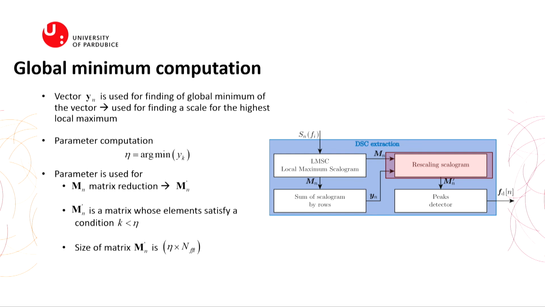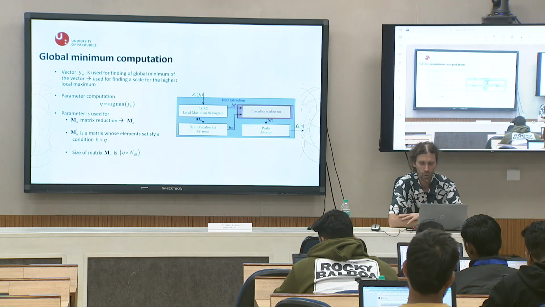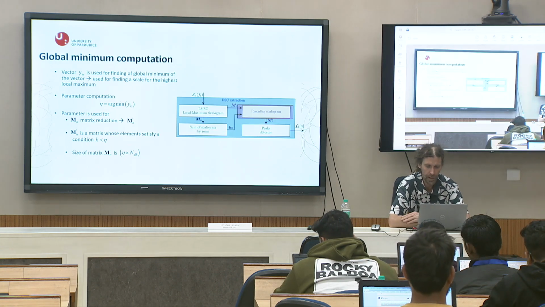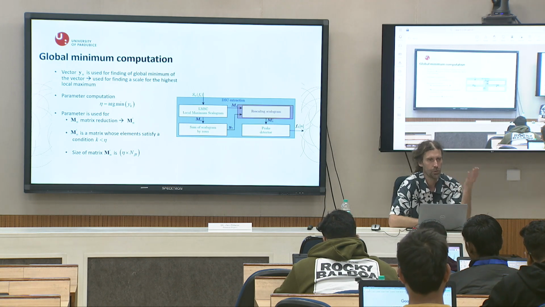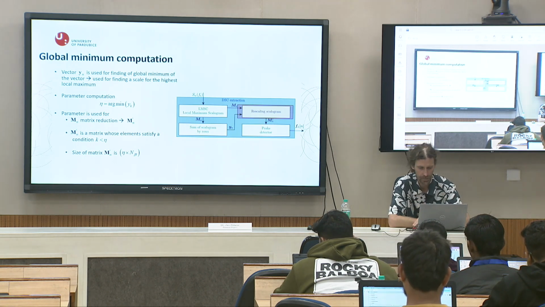It means that the index of this global minimum gives you an optimal scale. And we use this optimal scale, pre-computed in the previous step, to reduce the matrix and for robust peak detection.